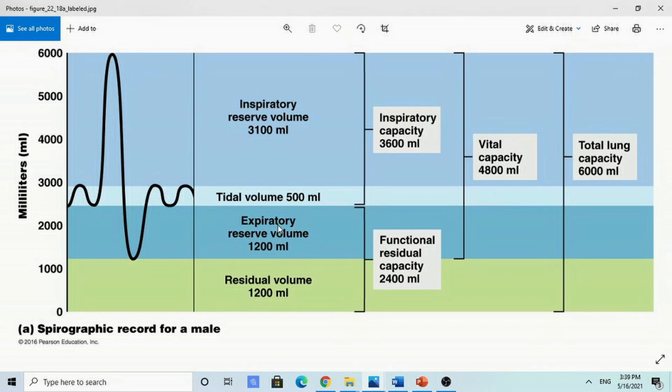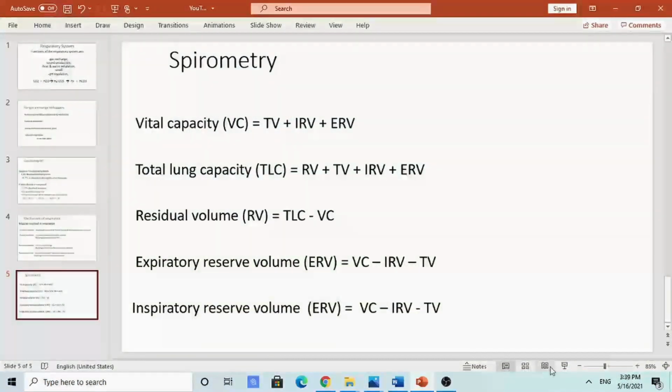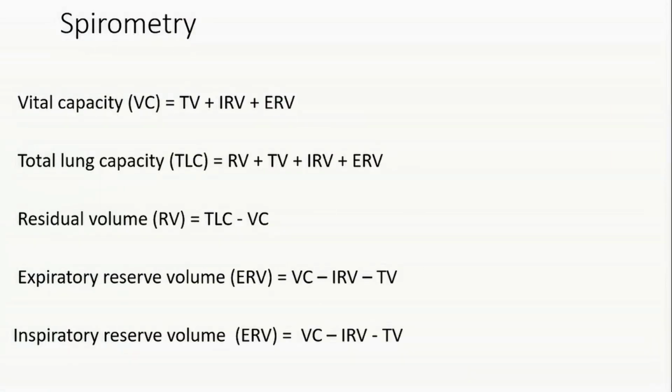So the machine can measure the air we breathe out. So how do we find out, for example, inspiratory reserve volume? How do we find out the amount of air we breathed in? Using mathematical formulas. And here are some of the formulas.